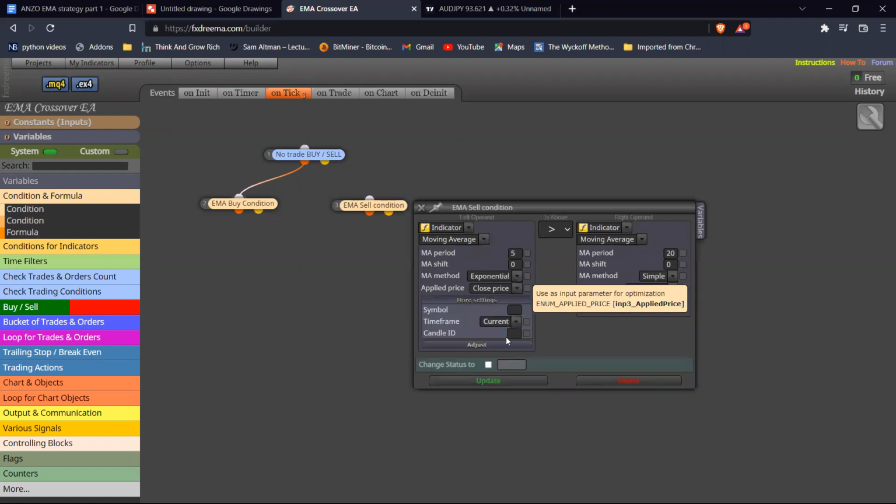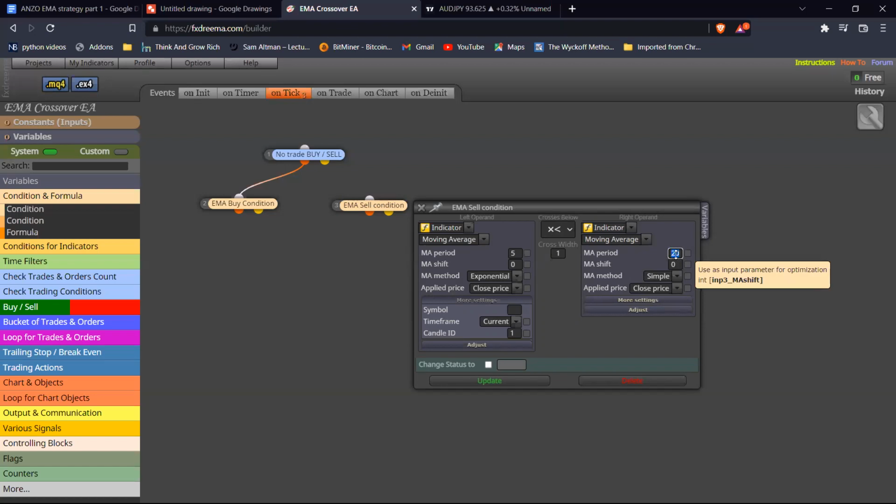We want to look at the most recent candle, so that will be candle ID 1. We are only going to be looking to sell at the point where the 5-period moving average is crossing below, so this is going to be X less than, below the 12-period moving average in this case. And we're also going to make this exponential, and make candle ID 1.